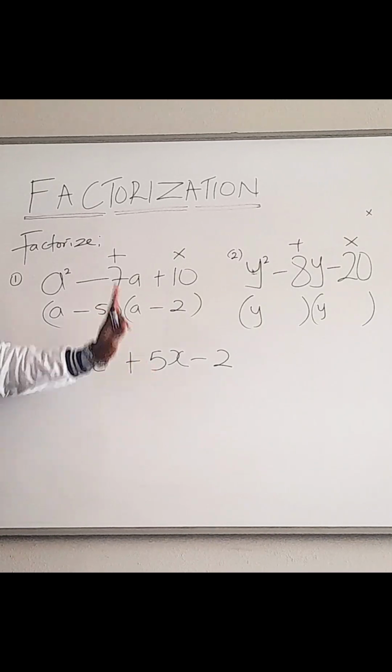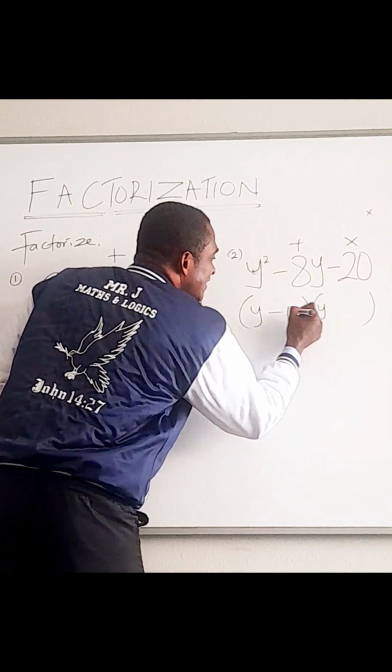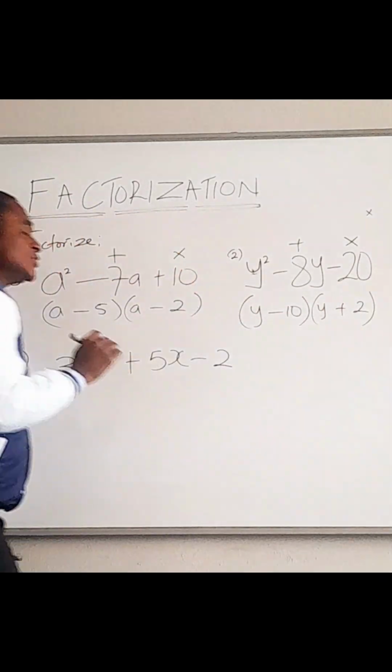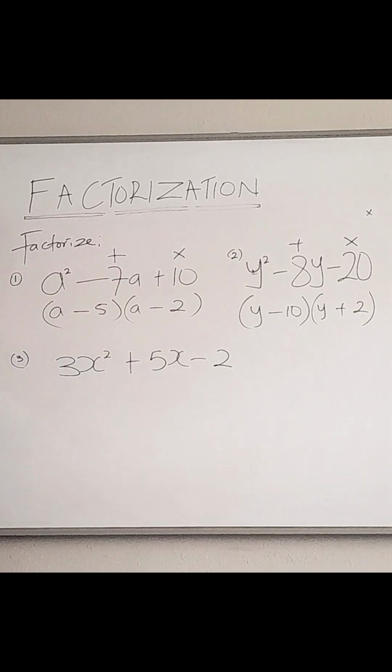Now, -10 times +2 gives me -20. So my factors will be -10 and +2. Make sure that it satisfies both conditions. Whatever you are doing, the values you choose must satisfy both the middle and the last condition. And then you break down the first one into two brackets.